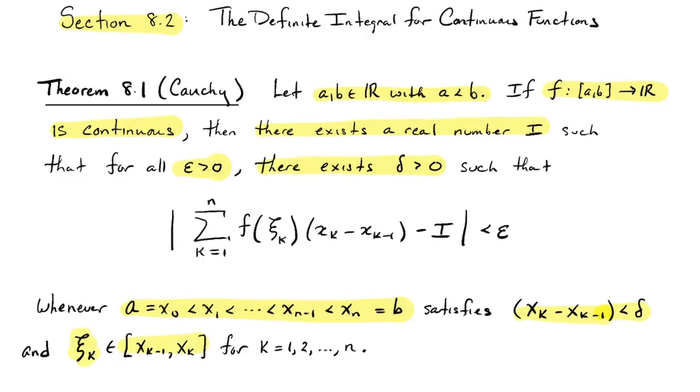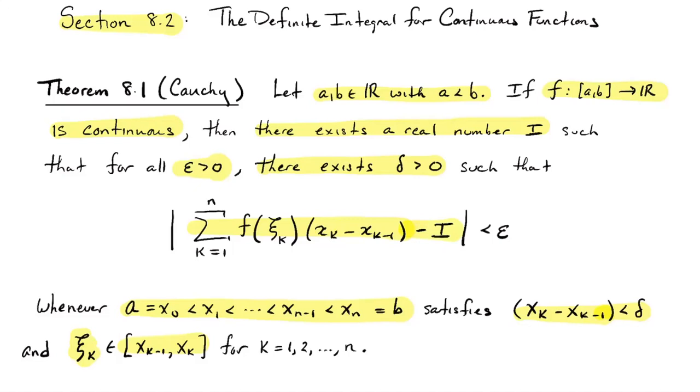Whenever you make such choices, this sum that's formed by plugging those xi sub k's into f and then multiplying it by the corresponding width of the subinterval, x_k minus x_{k-1}, that sum differs from I by no more than epsilon in absolute value.